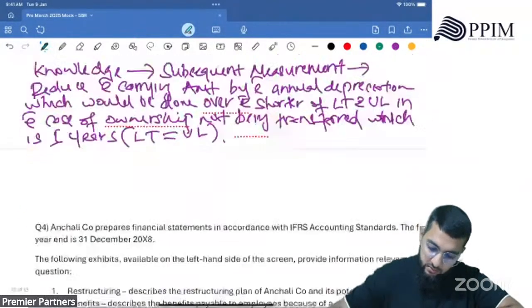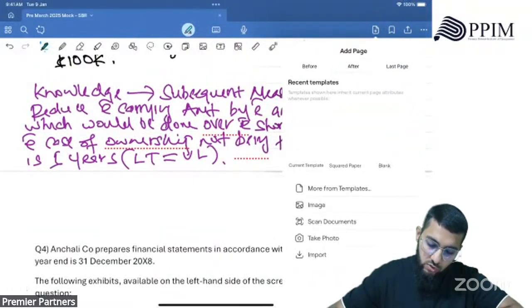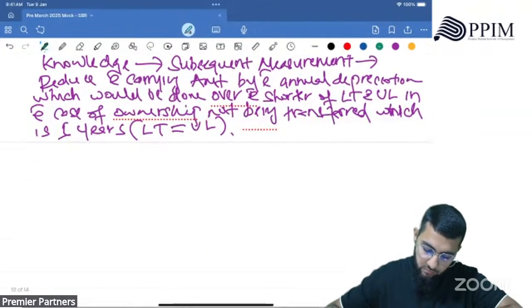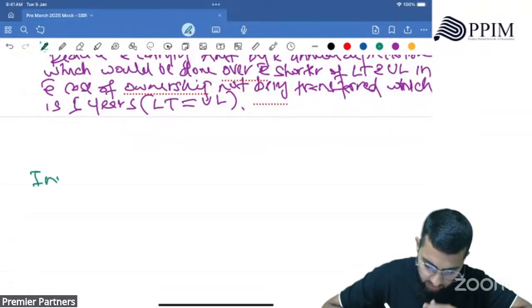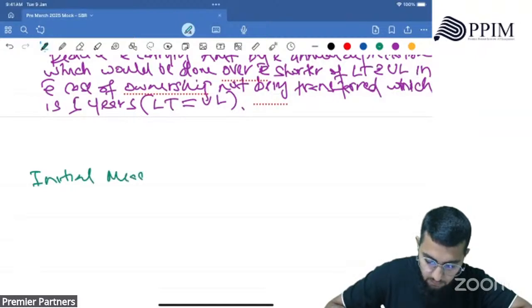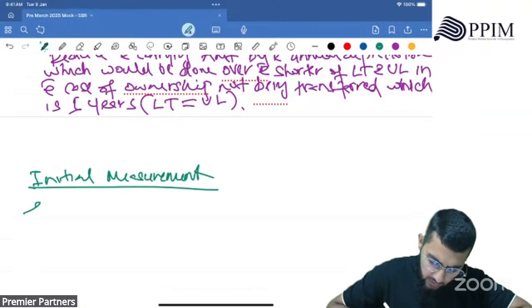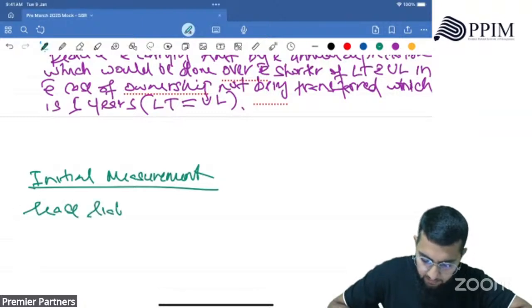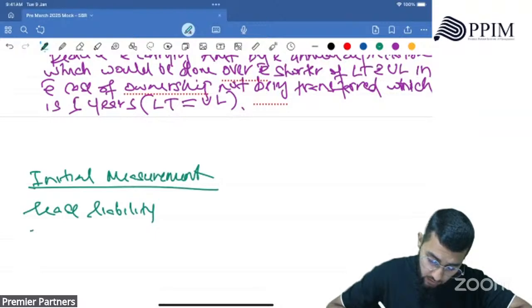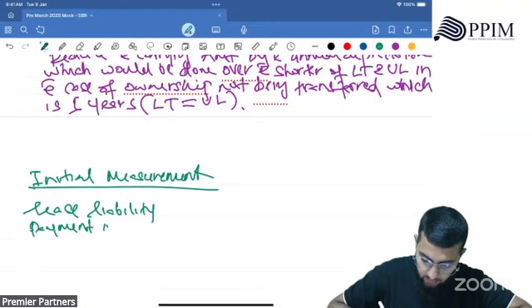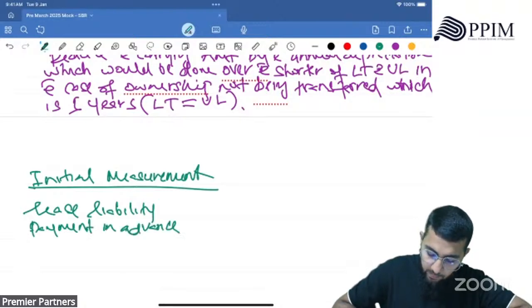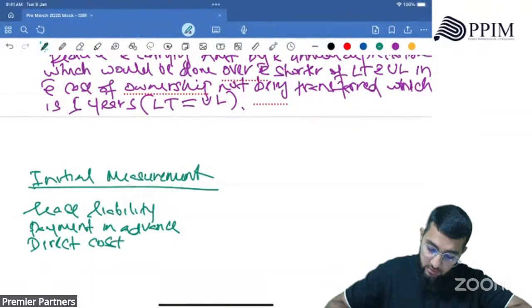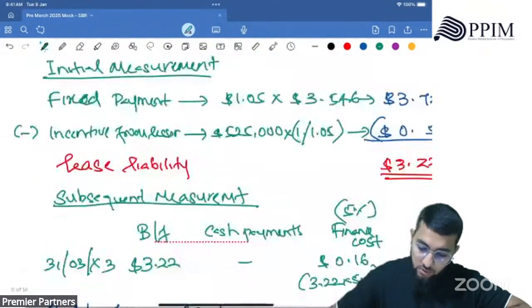Then we quickly do the treatment. Initial measurement: lease liability, payment in advance, direct cost. Lease liability has been 3.22.